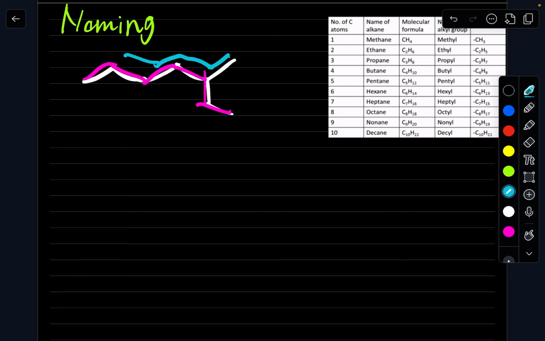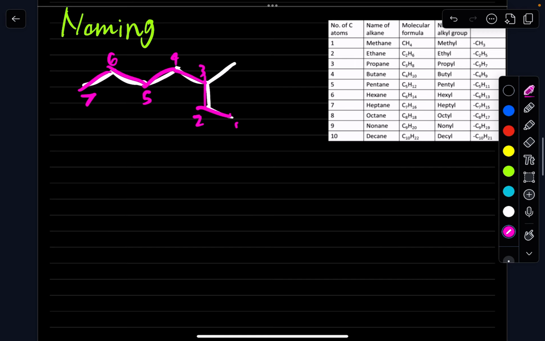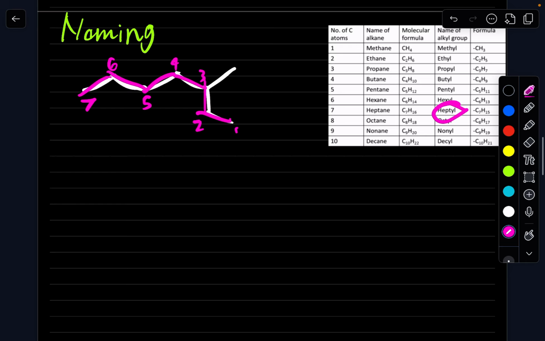It has more carbons in the chain. And counting the number of carbons, we have 1, 2, 3, 4, 5, 6, and 7 carbons in the chain. So that means we will use heptane as our main chain.